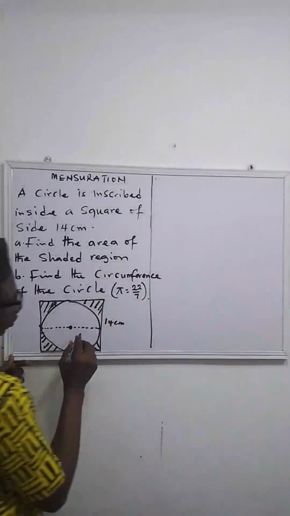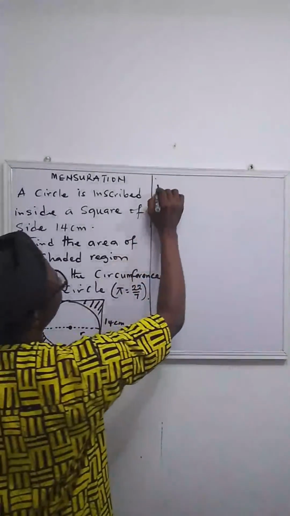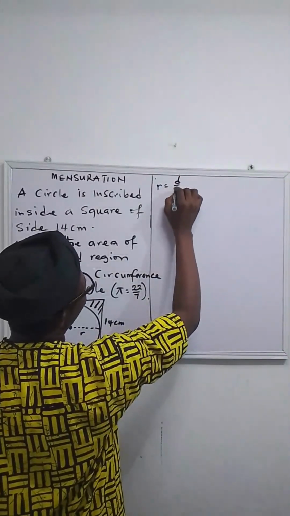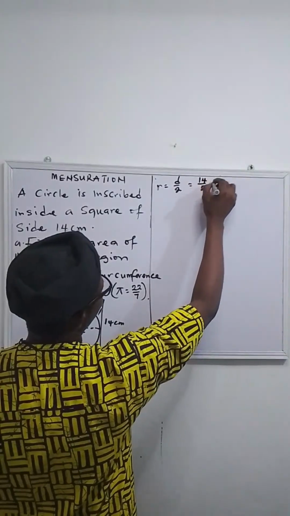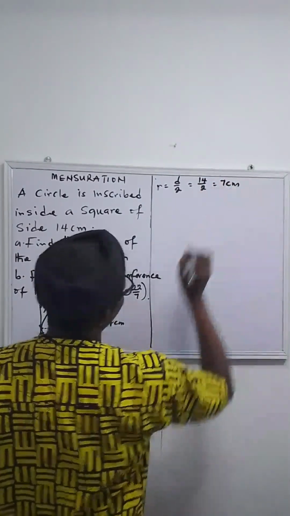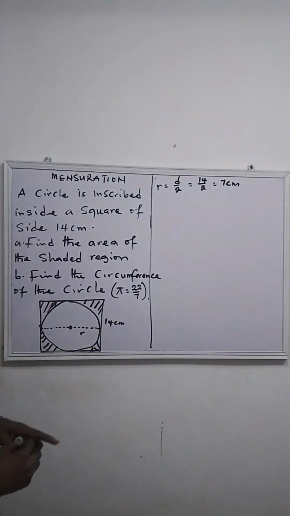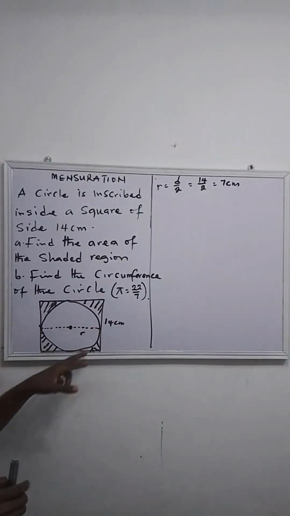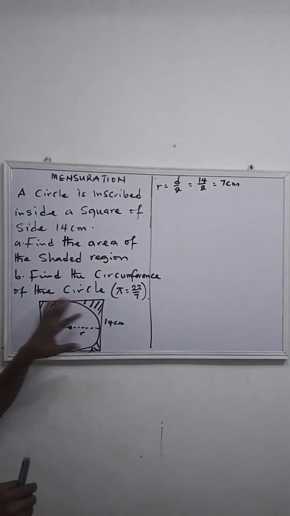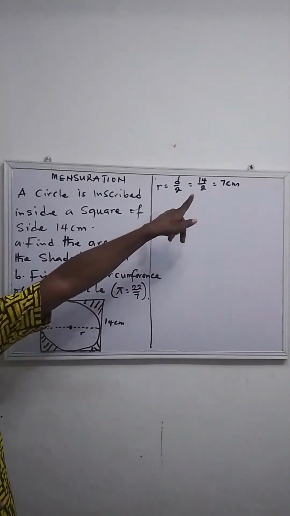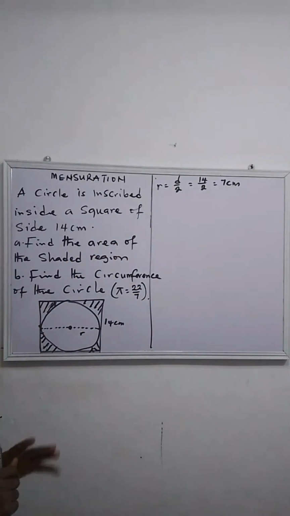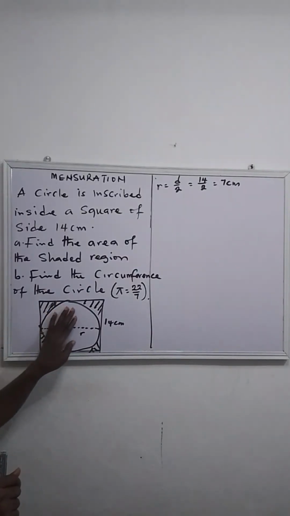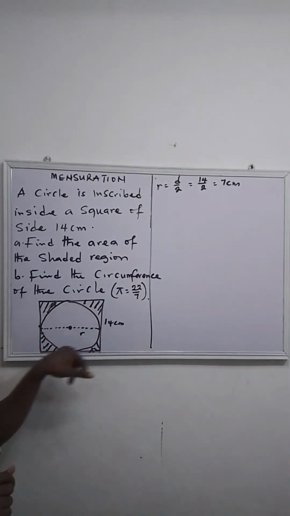So, to get R is diameter over 2, and that is 14 over 2. That gives you 7 centimeters. So, the radius of this circle inscribed in the square is 7 centimeters. Okay, so what's the next thing? Now let me find the area of this circle, and I will also find the area of this square.